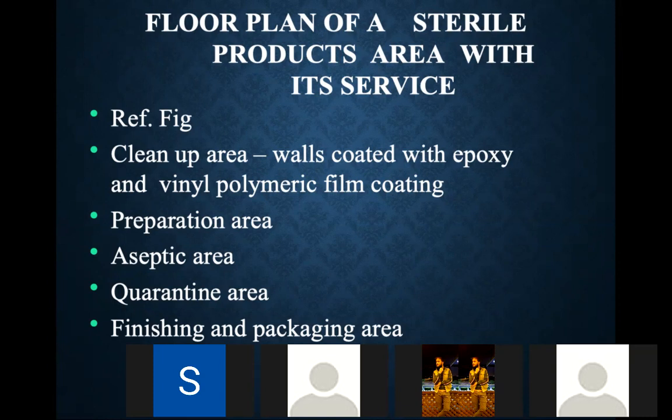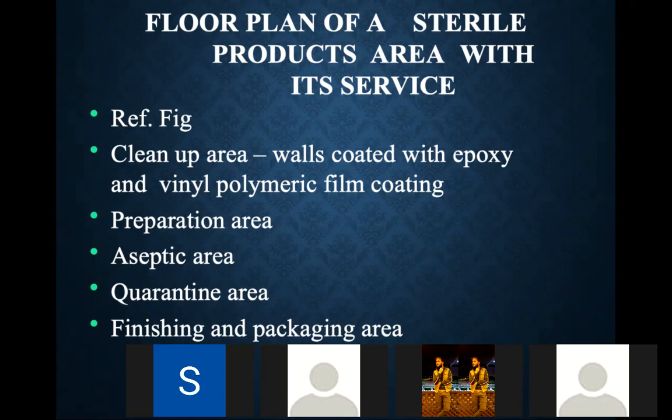Second is the clean area, then there are preparation areas also. Then there is an aseptic area where no growth of any microorganism can occur. Then there is a quarantine area, because after finishing, the drug has to come to a quarantine area, from where it is checked and analyzed to see whether the drug passes or fails.